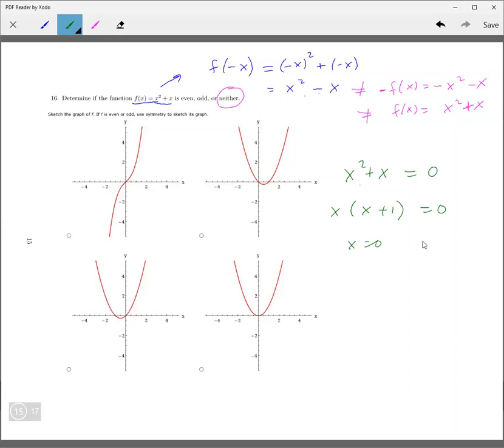So x equals 0 or x equals -1. That means it's going to cross at 0 and at -1. This crosses at 0 and 1, so that can't be it. This crosses only at 0. This one crosses at 0 and also -1, so it has to be this one.